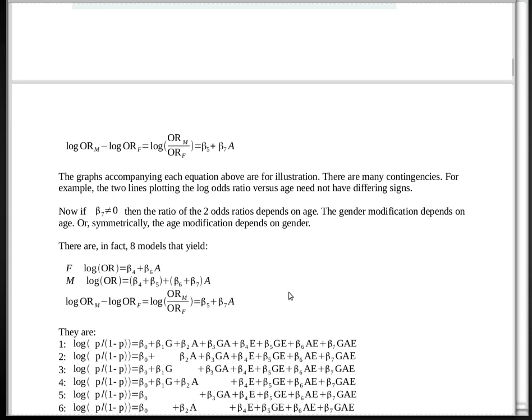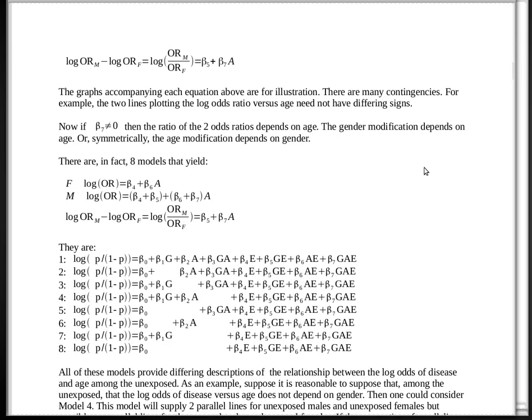In fact, if the issue is really about the study of the 2 lines in the log odds ratio, or the line in the difference between the 2 log odds ratios, then there are 8 models that one could conceptualize as being possible to describe the issues that are implicit in this work. Notice then that we are beginning to see there are several possible models that could be in play here.